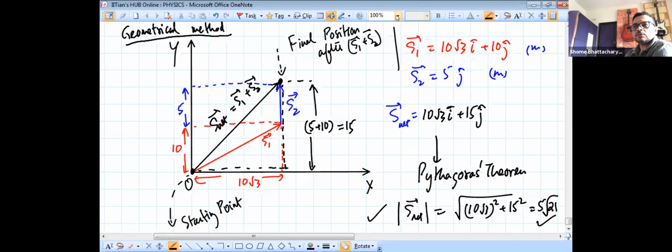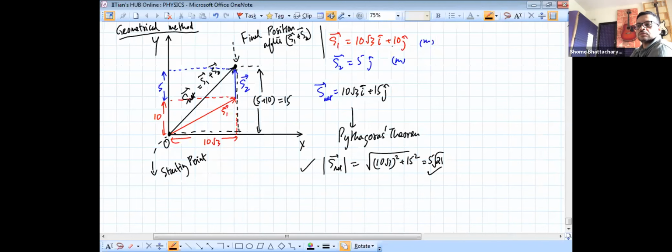So hope this is clear, people. Yes, this is a right angle triangle. The triangle that we drew, is it not a right angle? This one. Look at this triangle. This is your S net. This is your x-axis.